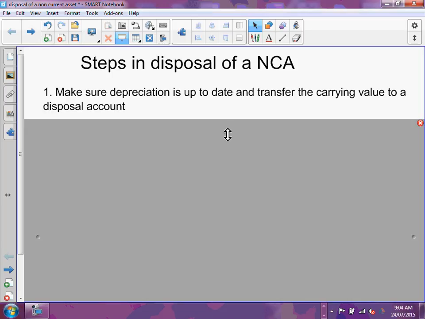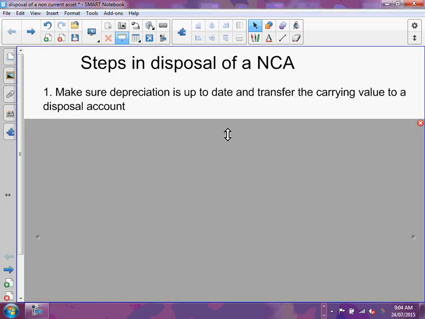And the only way we can work that out is to make sure we know what the expense is associated with that asset. Okay, so that's the first thing. So that's basically making sure the depreciation for the asset is up to date on the date of sale.